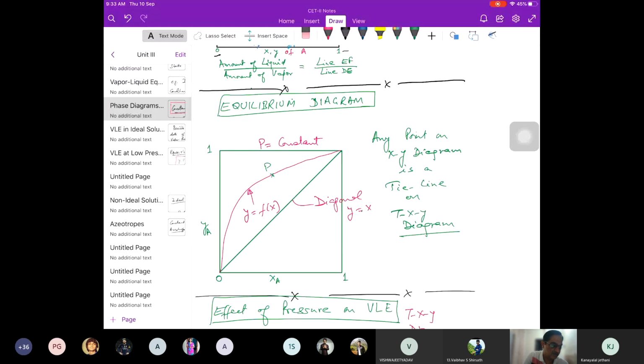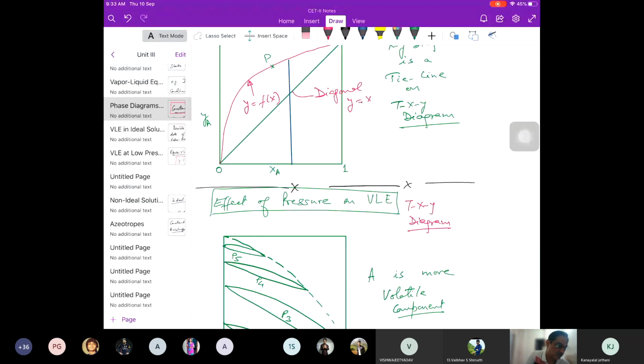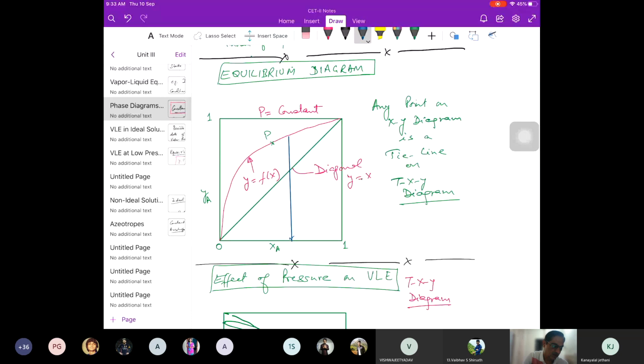So if I take any liquid composition, suppose I take this liquid composition, in this liquid composition the vapor composition is given by this point. ठीक है?